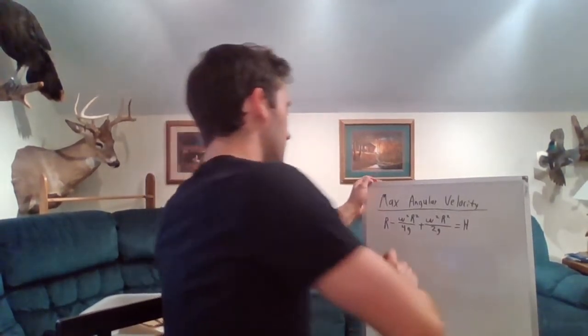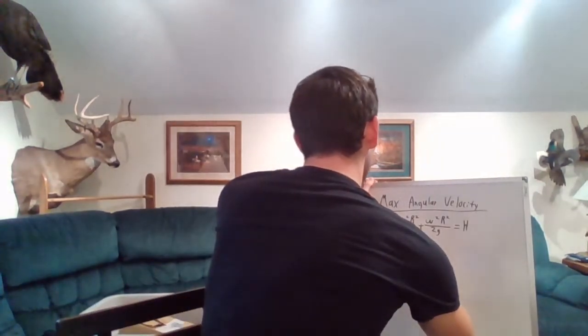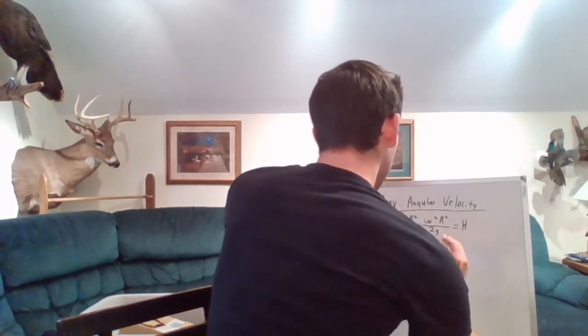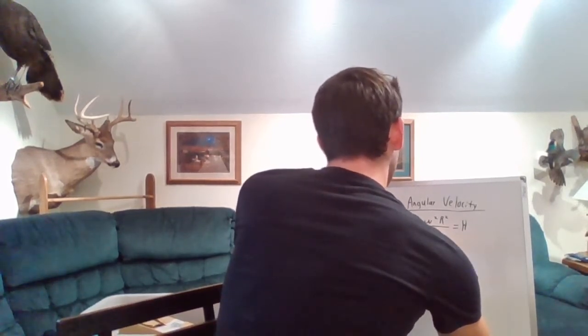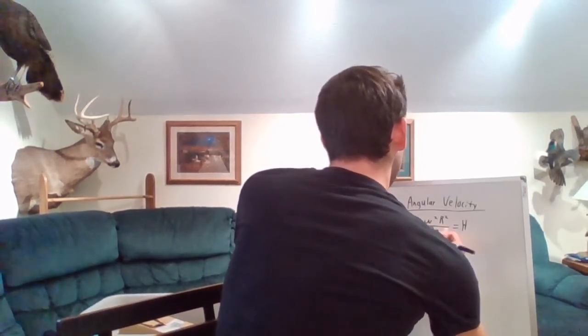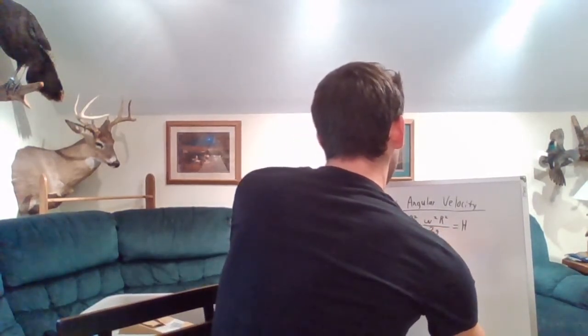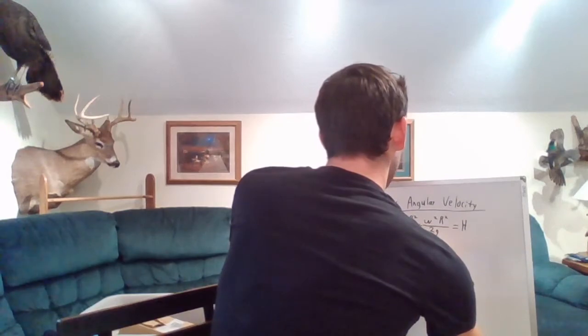So what that's going to end up doing is giving us H minus R equals w squared R squared over 2G.